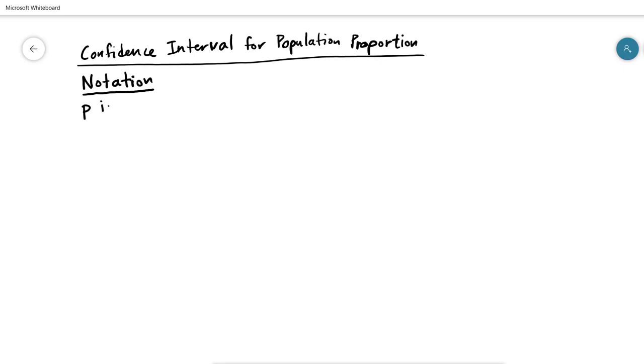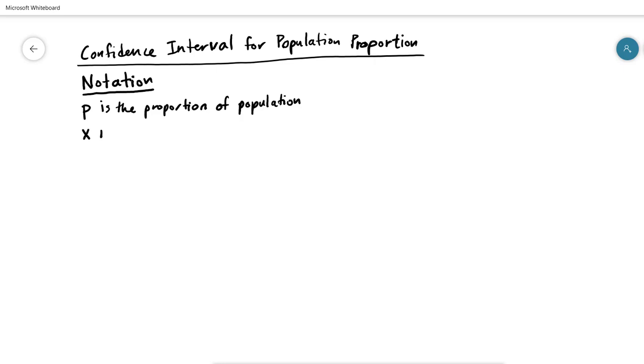So P is the proportion of the population that falls into whatever category that we're trying to predict. Voting for a given candidate, for example.